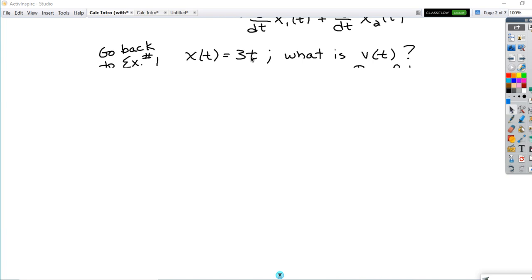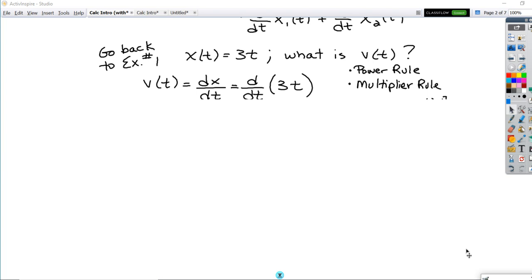But how can I prove that using calculus? Well, we did this with the limit example, but now we're going to use our basic rules that I've outlined to show that the derivative of 3t is in fact 3. So which rules would I need to apply? There's two rules that I have to apply.